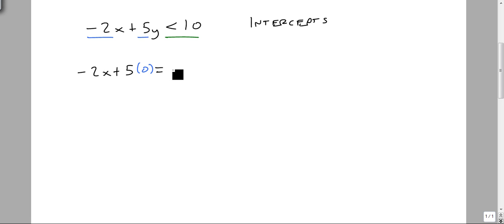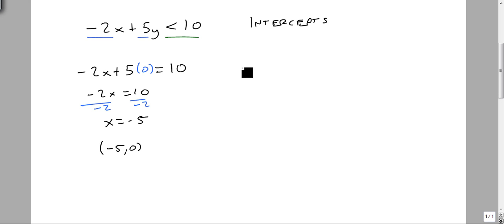And I'm going to change it to an equals just for a moment because the line itself goes where the equal sign is. That's how we know how to graph it. And so we get minus 2x equals 10. So when we divide by negative 2, x is negative 5. So I have a point at negative 5, 0.